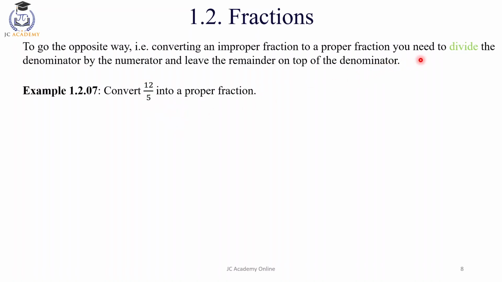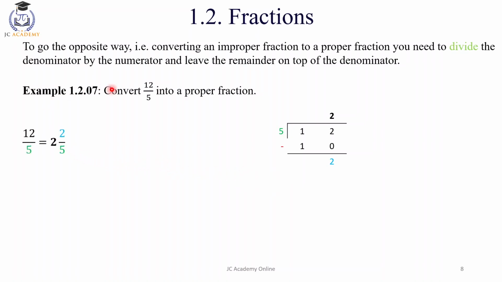So we have 12 divided by 5. How many times does 5 go into 12? 5 goes into 12 twice. 5 times 2 is equal to 10, and then we deduct: 12 minus 10 leaves us with 2.